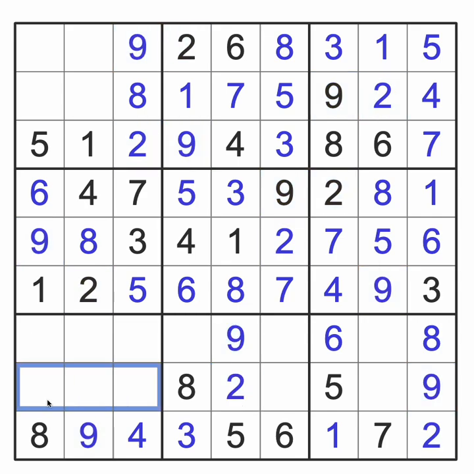2 blocks these. 2 and 2 here blocks these. So 2 comes here. Oh, and the last number of this column is 7.